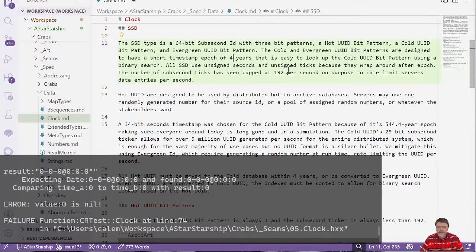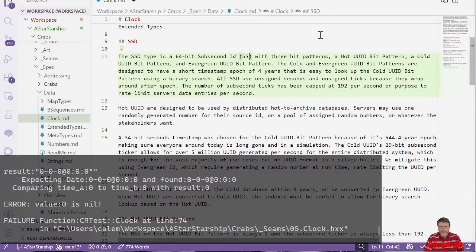That is easy to look up the cold UUID bit pattern using a binary search. All SSDs are unsigned. Use unsigned seconds and unsigned ticks because they wrap around after each epoch.